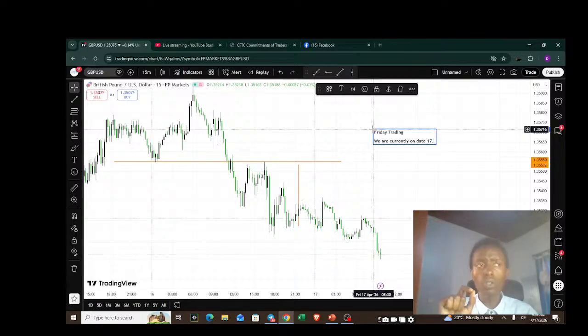So the high of the month is usually formed between 14th to 20th. That is a back test I have done for some while, and it has proven that most of the highs or most of the lows are formed between 14th to 20th. Okay?